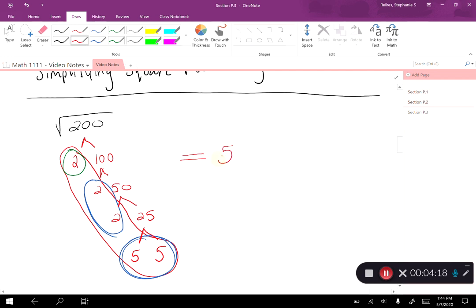So I have a pair of 5s, a pair of 2s, and then one single 2 stays inside the square root sign, and that will simplify to 10 square roots of 2. And that is your final solution. That is equivalent to saying square root 200.